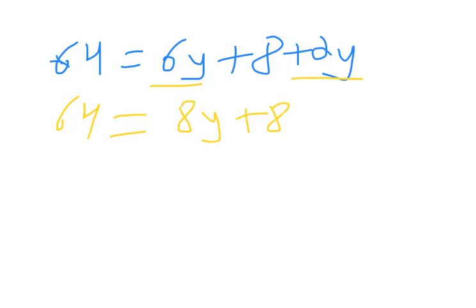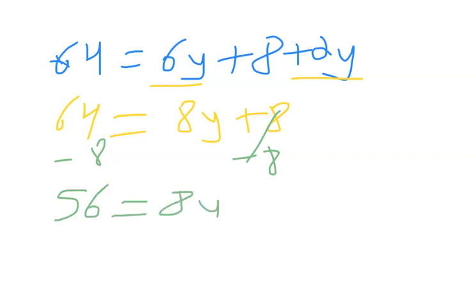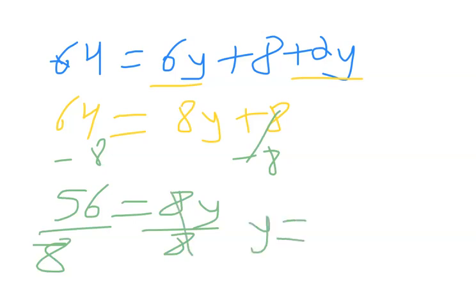And then you could just do your simple math again. 64 minus 8 would become 56. It's going to equal 8y, divided by 8 on both sides. So then y is going to equal 56 over 8, which is also known as 7. And that is your answer.